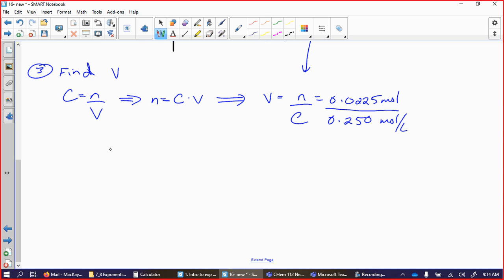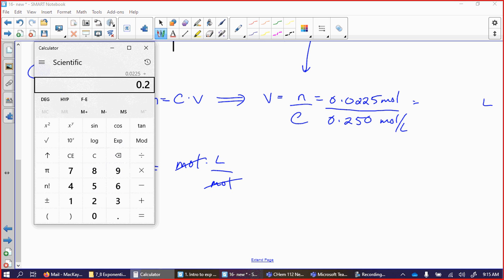So if you just look at units, dividing by a fraction, we multiply by the reciprocal. The reciprocal of moles per liter is liters per mole. And this is why we end up with a volume at the end. 0.0225 divided by 0.250 is 0.0900 liters or 90 milliliters.